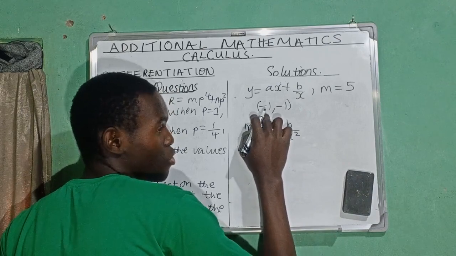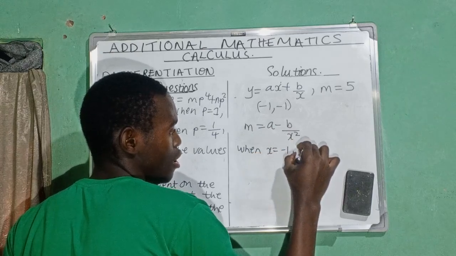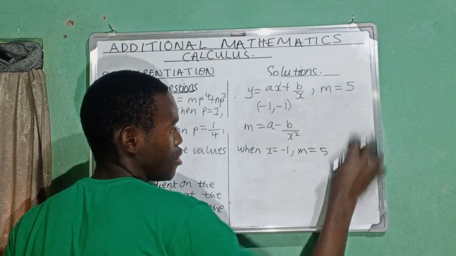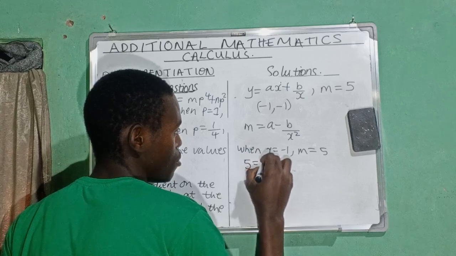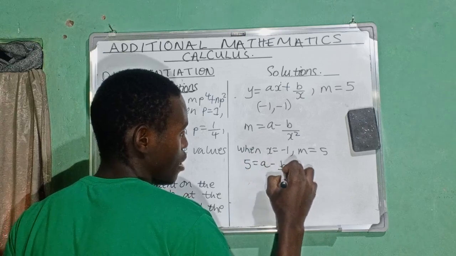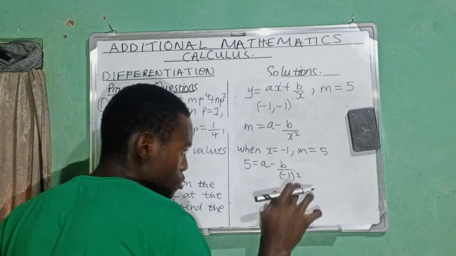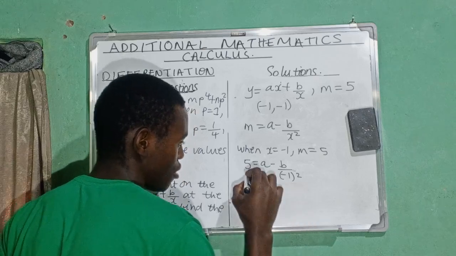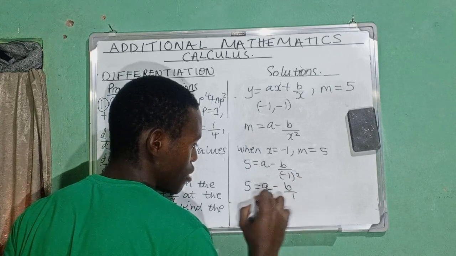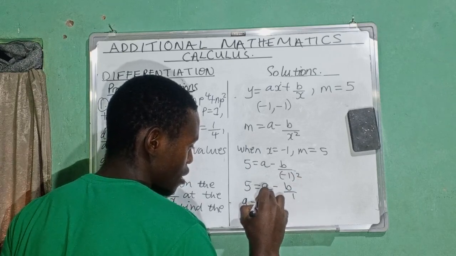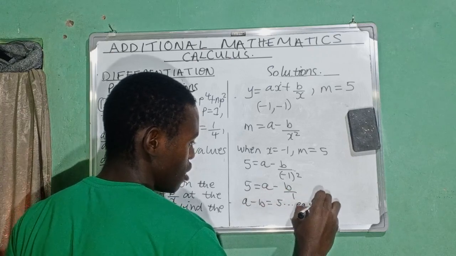From the coordinates, when x is equal to -1, m is equal to 5. So m is equal to a minus b over (-1) squared. Negative numbers, always make sure to put them in brackets or parentheses. So 5 is equal to a minus b over 1, so a minus b is equal to 5. This is your equation 1.